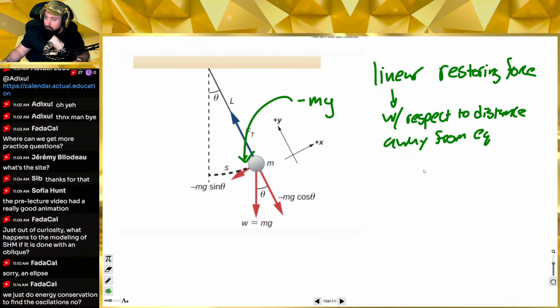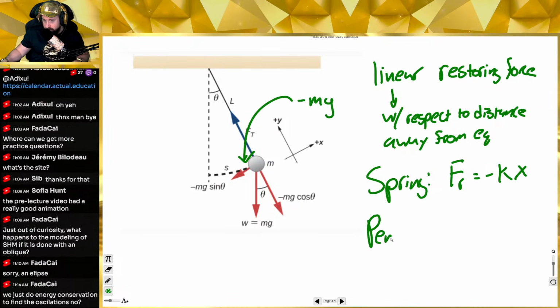Okay, so with the spring, for instance, that restoring force was equal to negative kx. Here, with the pendulum, that restoring force is equal to negative mg sine theta.